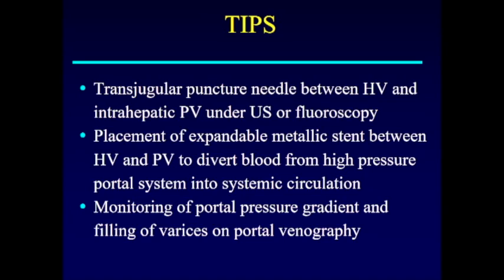You place a metallic expandable stent between the hepatic vein and the portal vein to divert blood flow from the high pressure portal system into the lower pressure systemic circulation. And you monitor portal pressure gradients and filling of varices on portal venography.